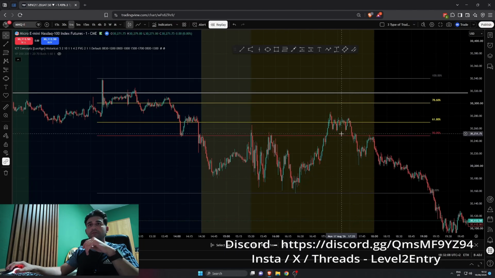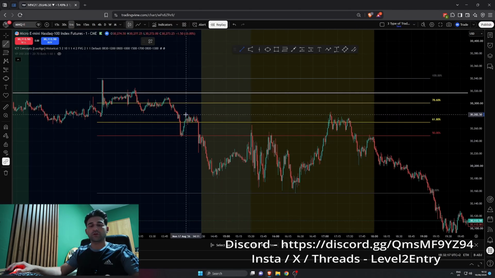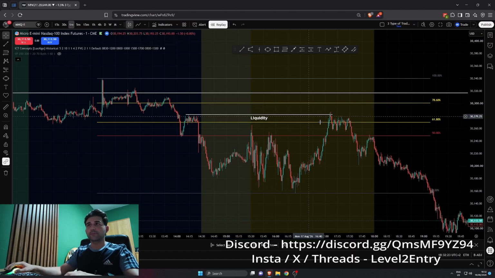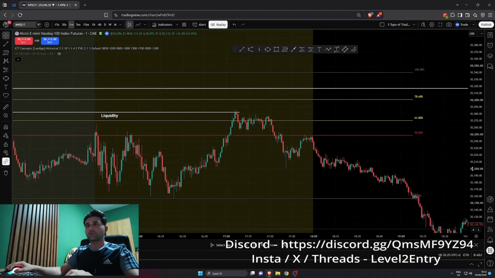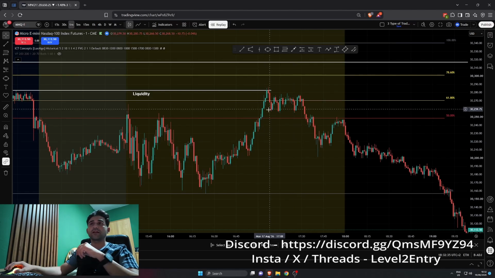So after that movement, you can see here, we will mark liquidity like usual above the 61.8, which I will be marking this one here and name it liquidity. And as price goes above that liquidity point, you will just need to wait for the last IFVG to get filled to take the short.